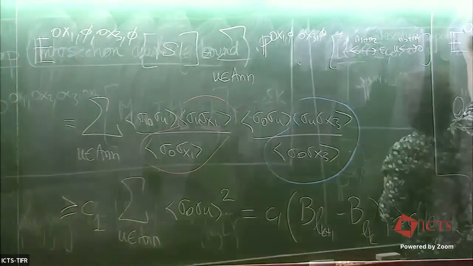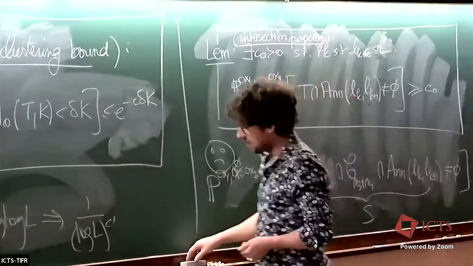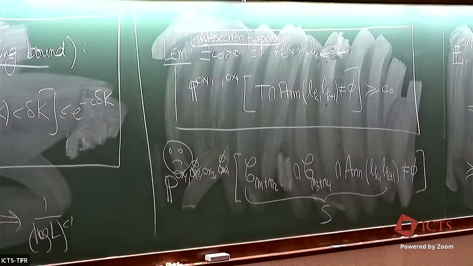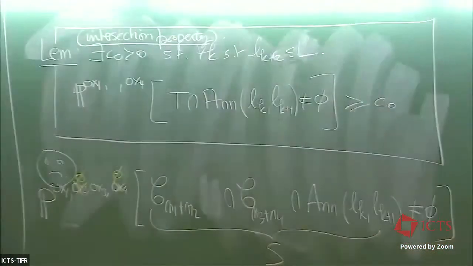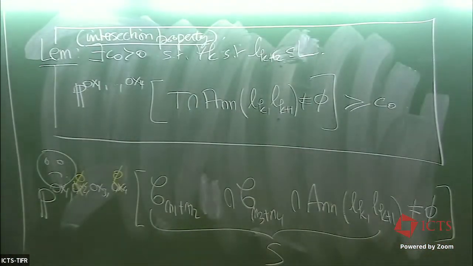Indeed, you intersect in each annulus. So now, let me give you in the last 10 minutes a small idea of the mixing bound, because we need also a mixing.